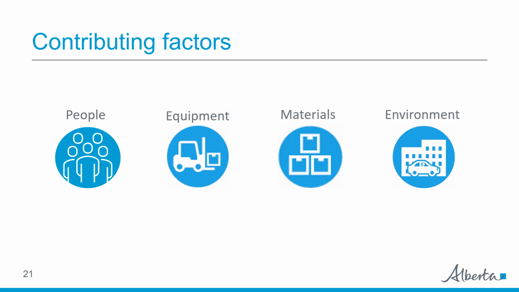Is the equipment or are the tools appropriate for the task? Is the equipment properly maintained? The materials factor. What materials are being used? Are they being handled, stored, and disposed of properly? And the environment factor. Where is your work site? An office? A vehicle? Outdoors?